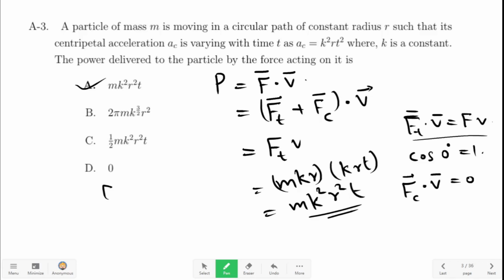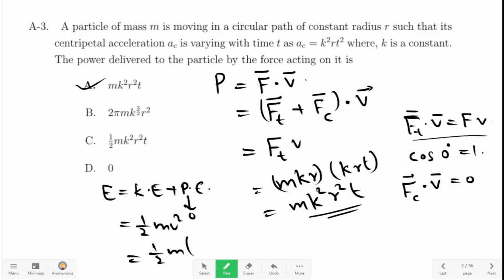You can find E, energy, it is equal to kinetic energy plus potential energy. If we assume potential energy to be 0, then this is equal to half mv square, and v is krt. Therefore v square is k square r square t square. And then we can find power using the relation P is equal to dE by dt, which is equal to m k square r square t.